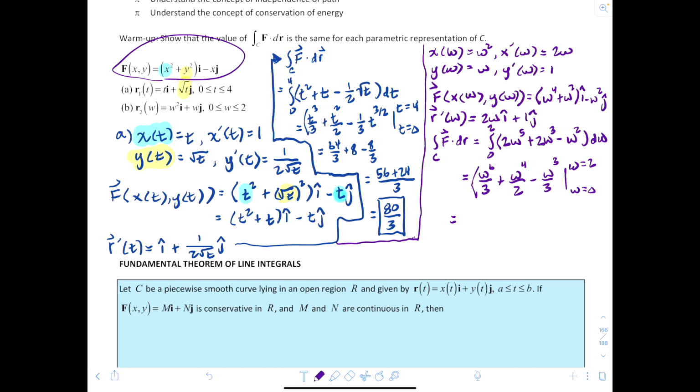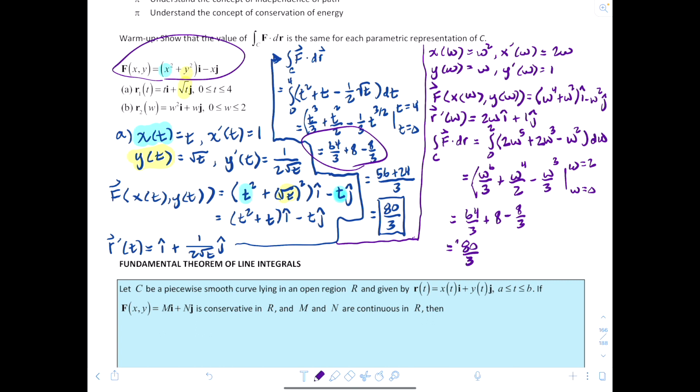And so 2 to the 6, I think that gives us 64 over 3, plus 16 over 2 is 8, and then minus 8 cubed over 3. As you can see, that's the same as what we had there, so that will definitely yield 80 thirds.